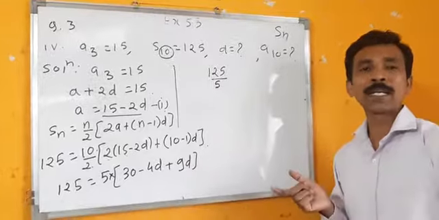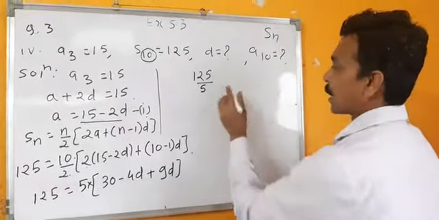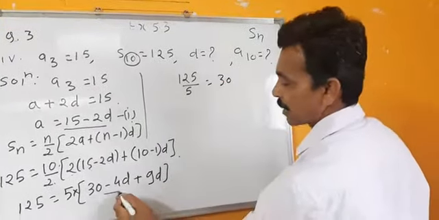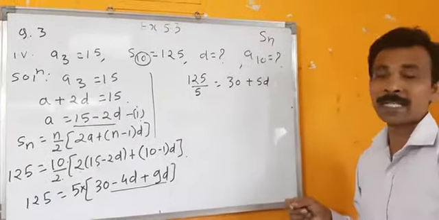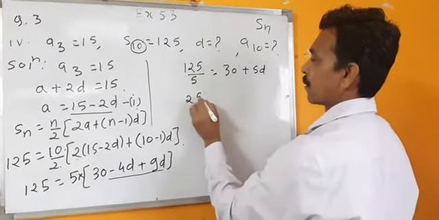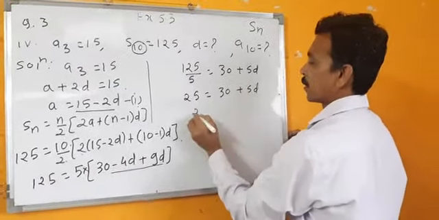If there is no sign, means it is always multiplication. Is equal to 30 minus 4D plus 9D is plus 5D. 125 upon 5 is 25 is equal to 30 plus 5D.